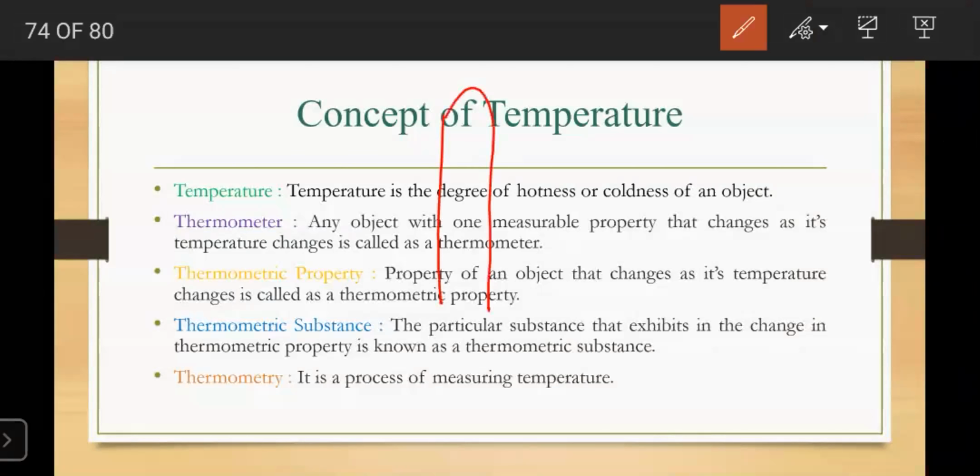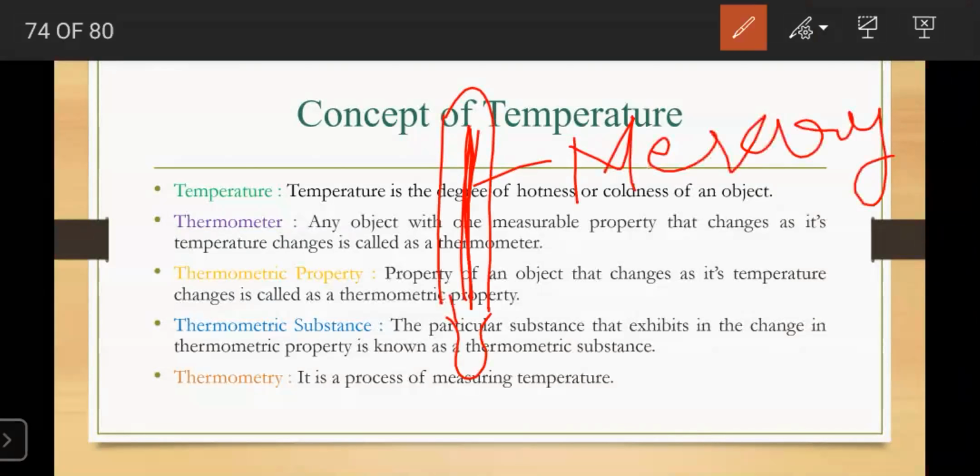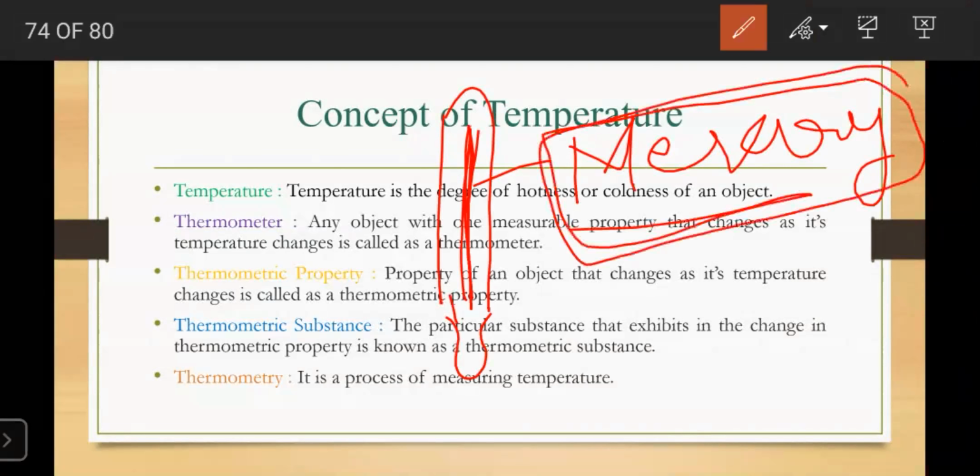This is a bulb. What is there inside? Mercury is there. So if there is no change in the property of mercury, can you measure the temperature of the object?